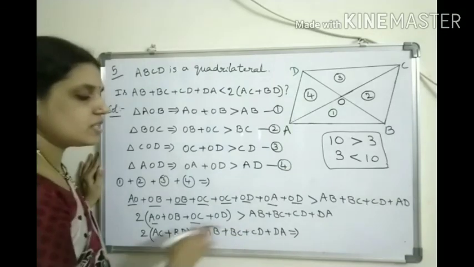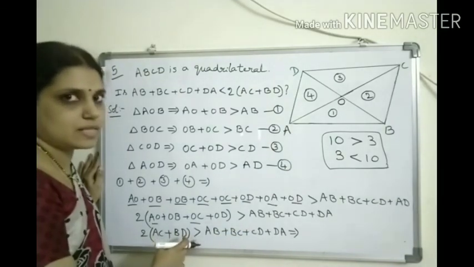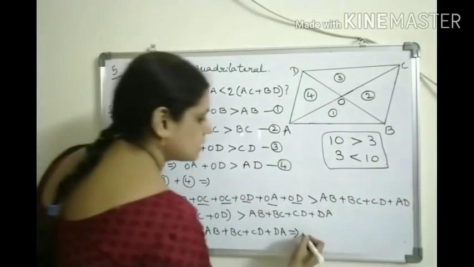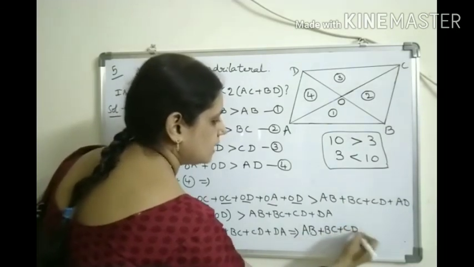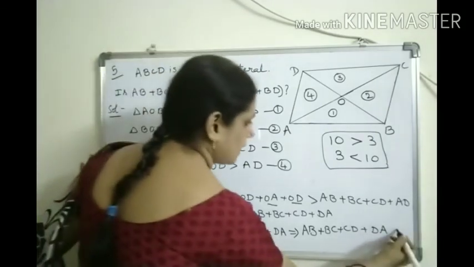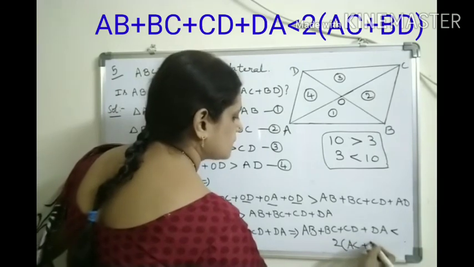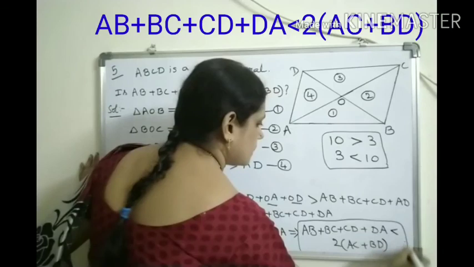That's why we are just interchanging LHS and RHS and changing the greater than sign to less than, just like this example. So now we can write AB plus BC plus CD plus DA is less than 2 of AC plus BD. This is what is given to prove.